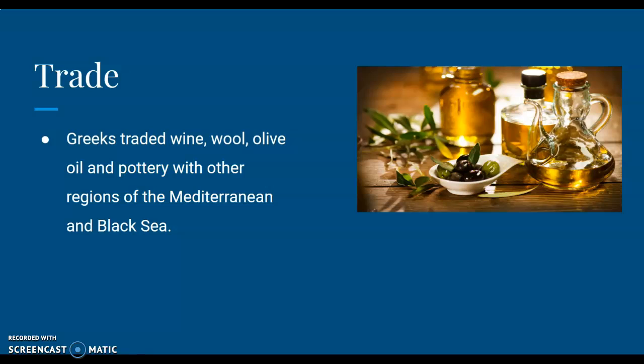Greeks traded wine, wool, olive oil, and pottery with other regions of the Mediterranean and Black Sea. Greece always had a surplus of olives, and they ended up inventing olive oil, which helped them cook.